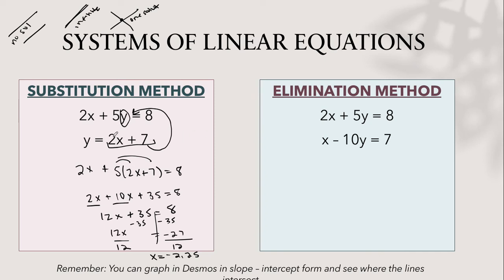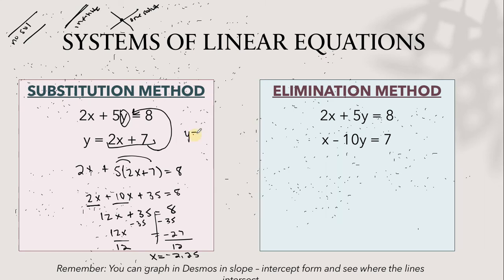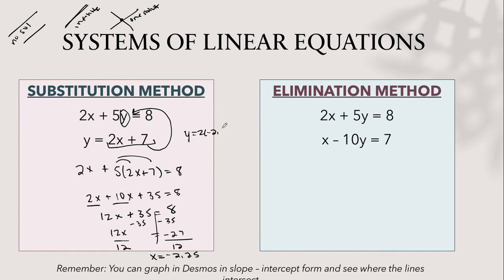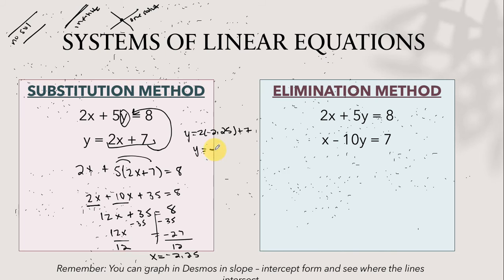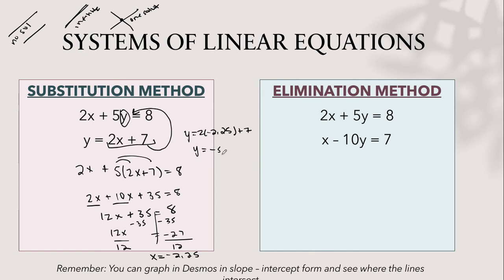So I would have to plug negative 2.25 back in for x to find y. So y equals 2 times negative 2.25 plus 7. So that'll give me y equals negative 5. Oh, sorry, just kidding. Negative 4.5.